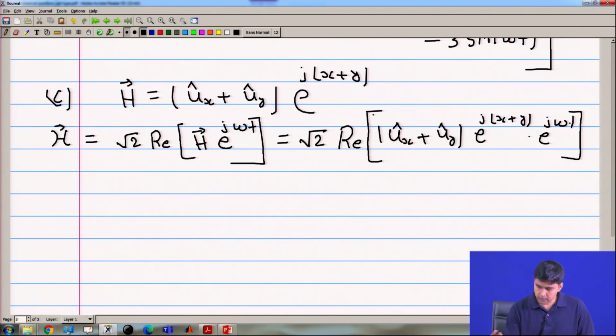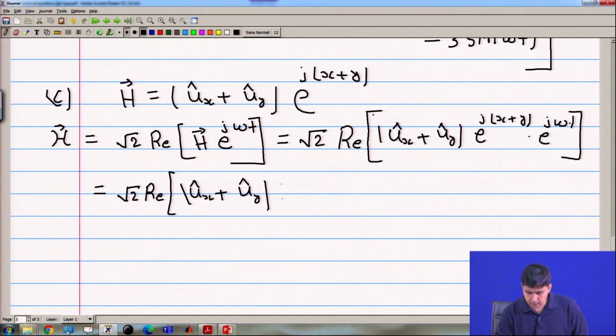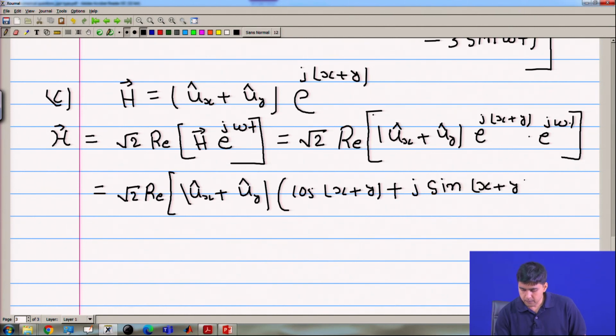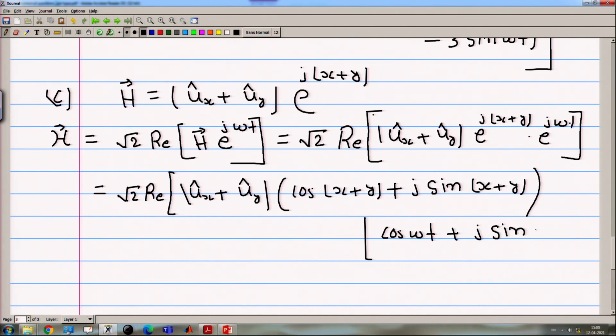So, it will be root 2 real part of, we can write this first term as ux plus uy, and this e to the power j (x plus y) can be written as cos of (x plus y) plus j sin of (x plus y), into cos omega t plus j sin omega t.